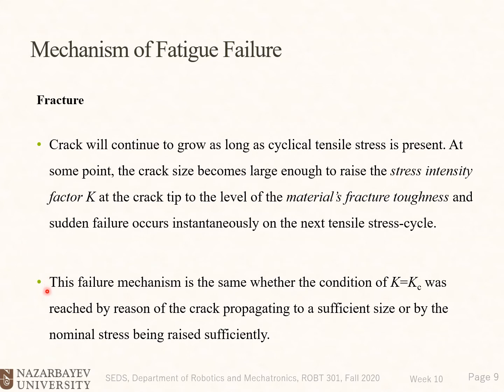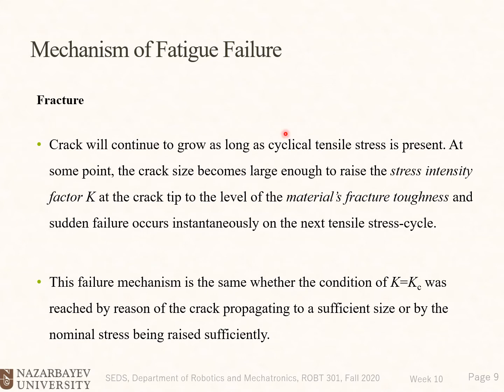or development of the crack. This failure mechanism is the same whether the condition of K equal to Kc, or stress intensity factor equal to the critical intensity factor, was reached by reasons of the crack propagating to a sufficient size or by the nominal stress being raised sufficiently. Okay, that was briefly the mechanism of failure in fatigue loads or dynamic loads.